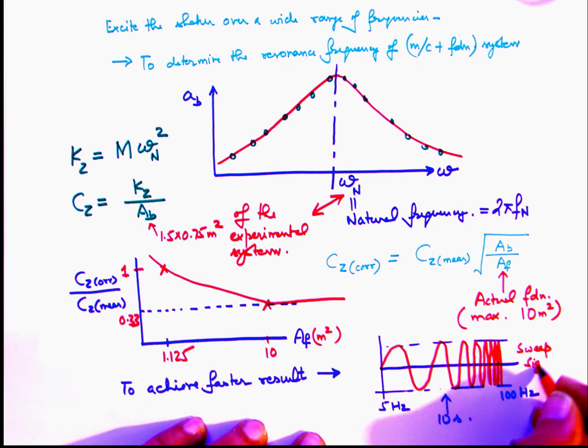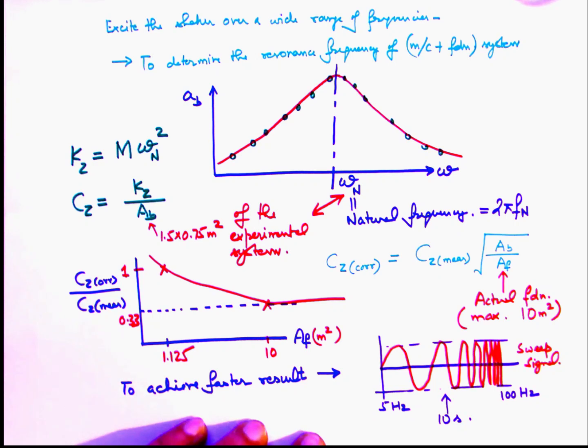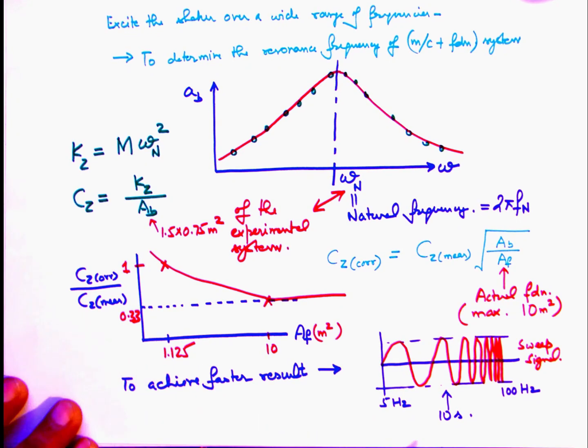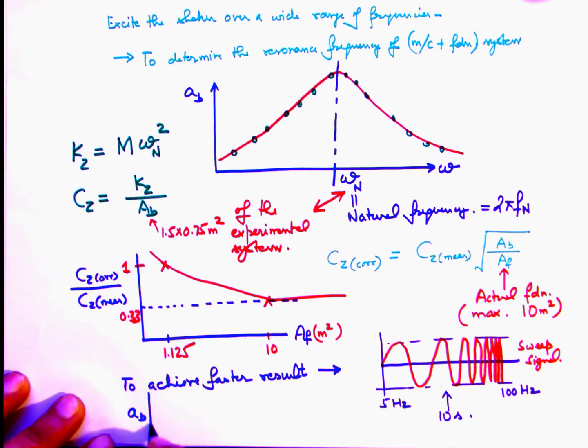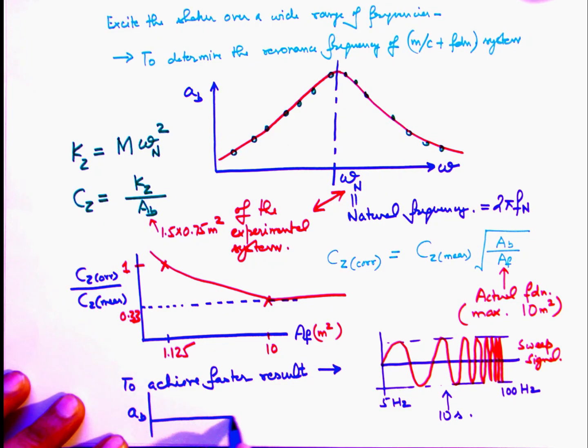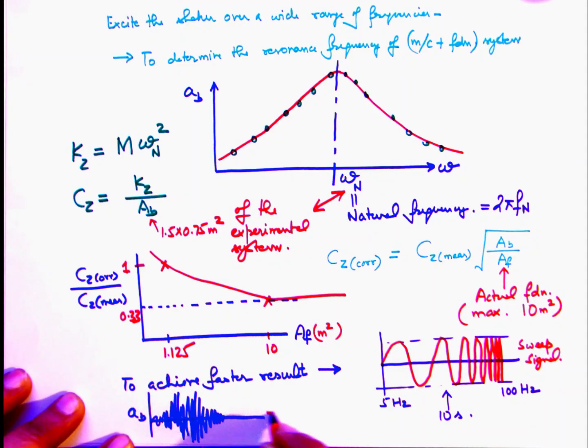So this sweep signal can be applied in a single short manner across the shaker to make the block vibrate, and then we can measure the time response of the induced acceleration at the top of the base block, something like this.